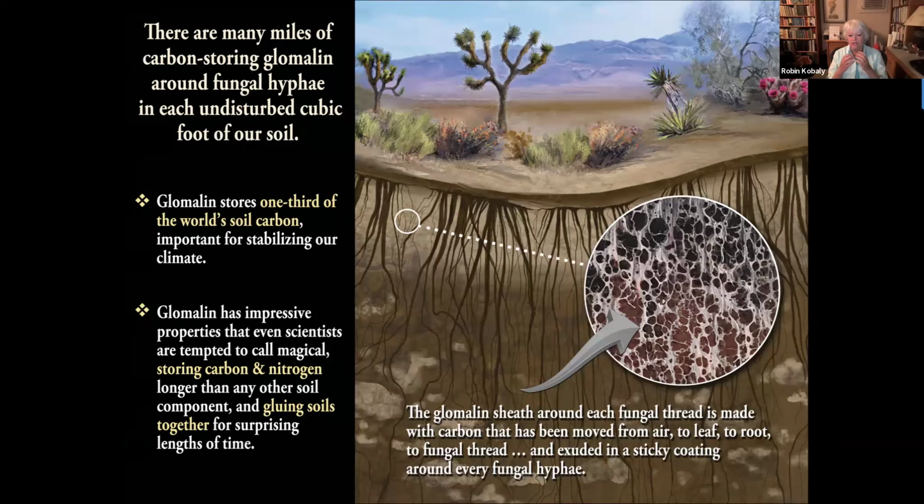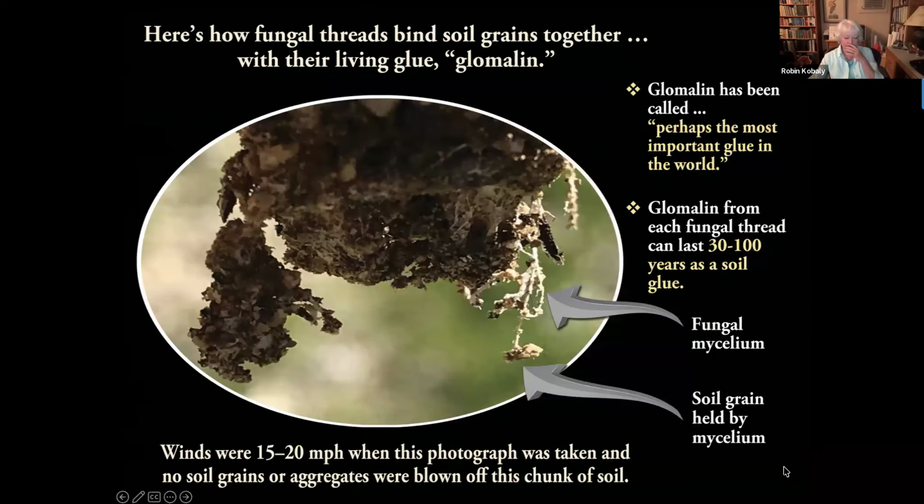It makes the aggregates hold together that farmers treasure. It glues the soils together, because it is like glue as well. And even after the mycelium dies, it is still gluing the soil together for many decades.